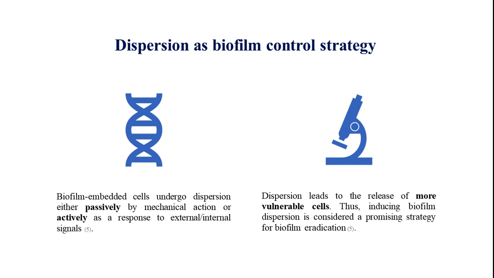The dispersed cells are more sensitive to antibiotics and antimicrobials compared to biofilm cells or planktonic cells. Thus, inducing biofilm dispersion is actually releasing vulnerable cells to the environment that can be treated easily by conventional methods. And that's why it is considered a promising strategy for biofilm eradication.